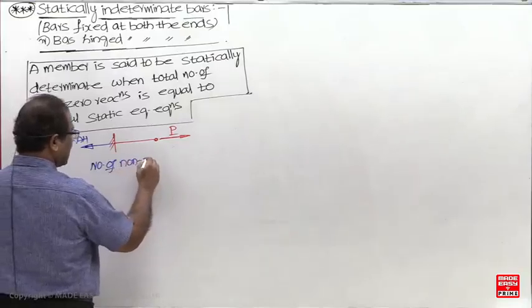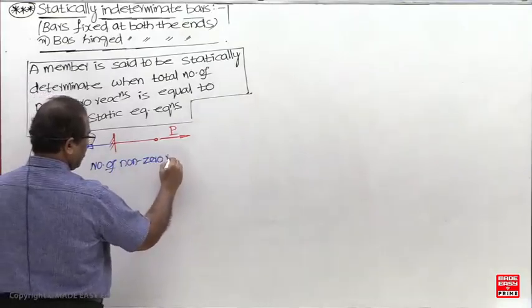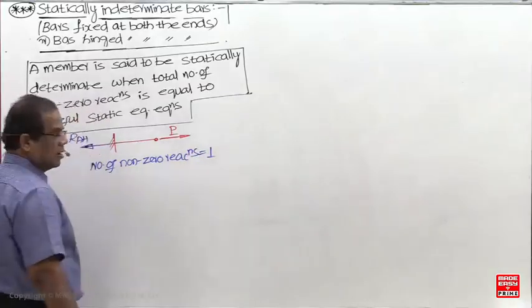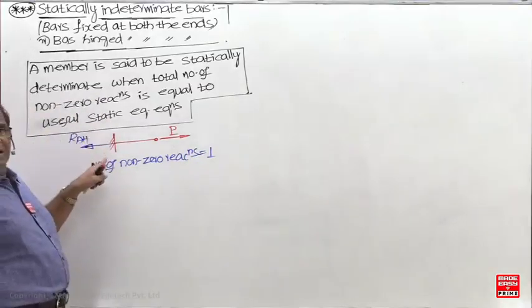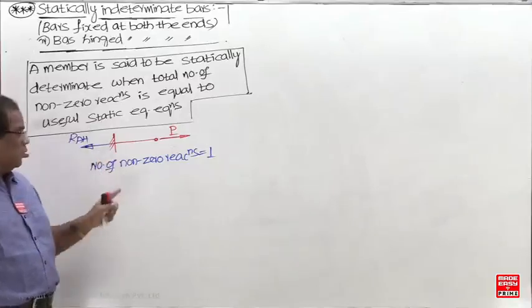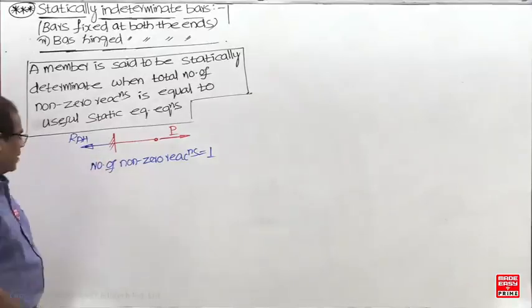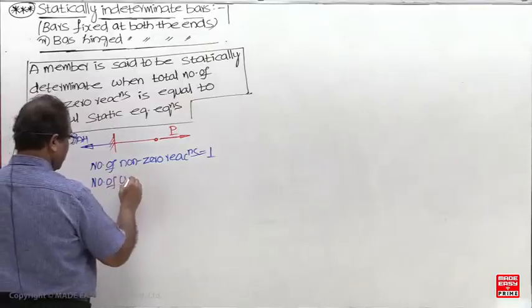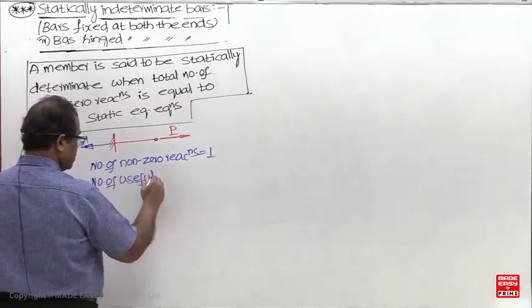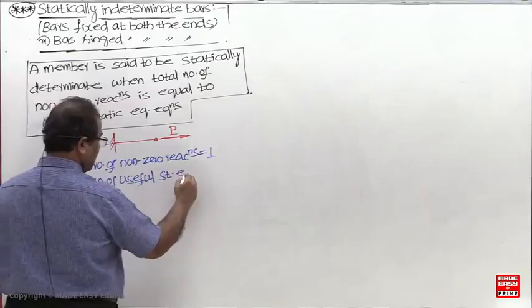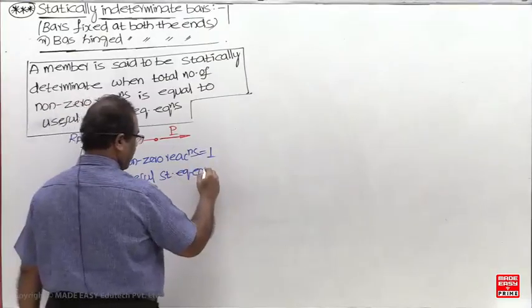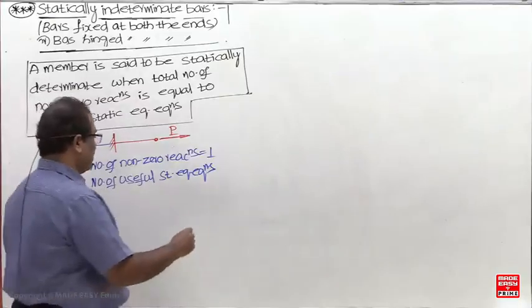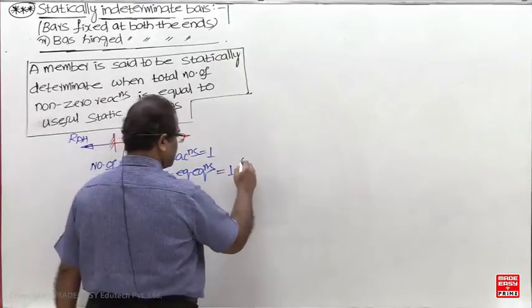Number of non-zero reactions: one. Total reactions are 3, but the vertical and moment reactions are 0, so the non-zero reaction is only 1. And the number of useful static equilibrium equations is only 1.